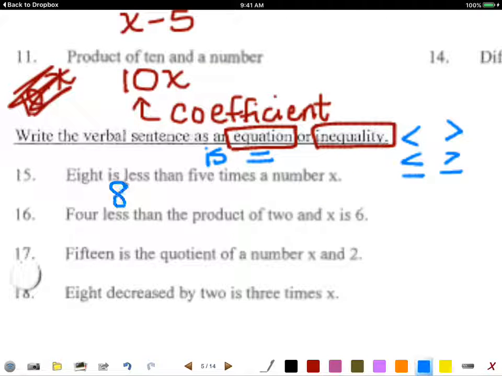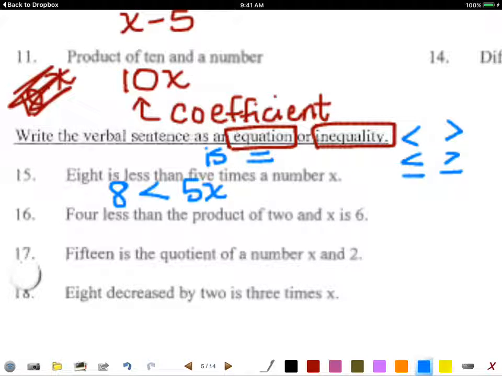So it's going to be 8, I'm getting confused on how to say it, is less than, like this, 5 times the number x. So it would be 5x. If it just said 8 less than 5 times the number x, we'd use subtraction. But it says is less than, so it's going to be the less than sign.